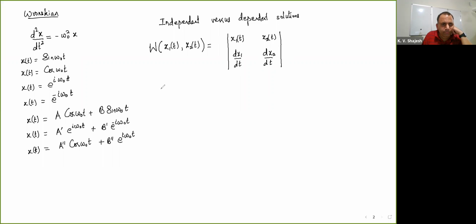And if the Wronskian is equal to 0, then they're dependent solutions.